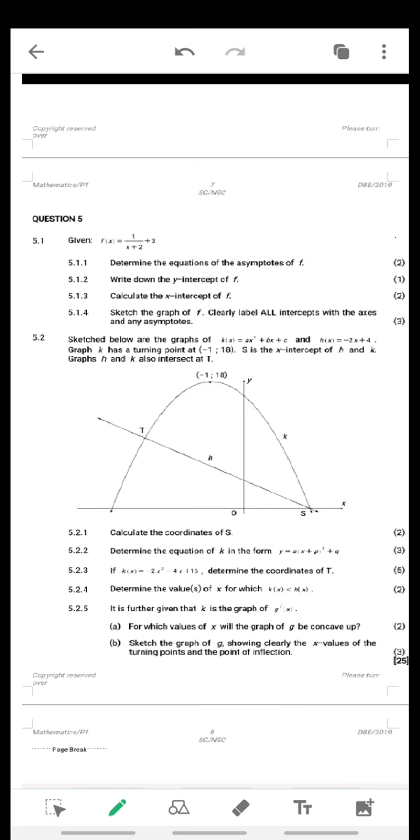Now, as a math learner, you need to know, what does that general equation represent? It represents a parabola. A parabola is given in that form, ax² + bx + c. All right? And then h(x) = -2x + 4. What is that? That is a straight line function or a linear function.